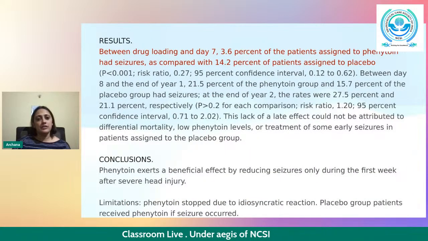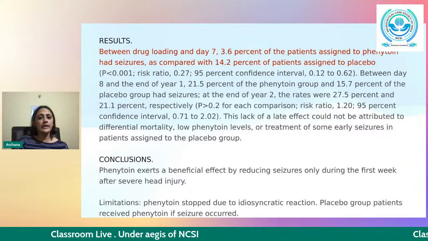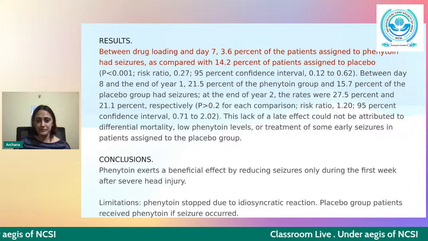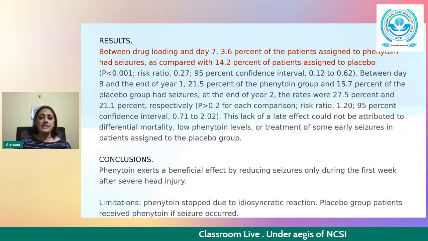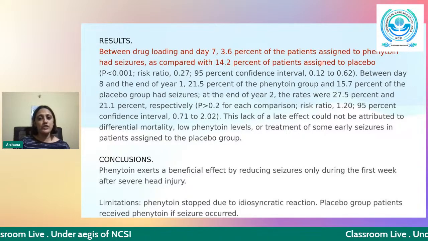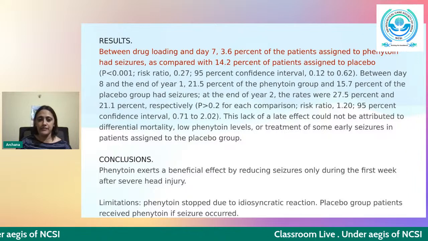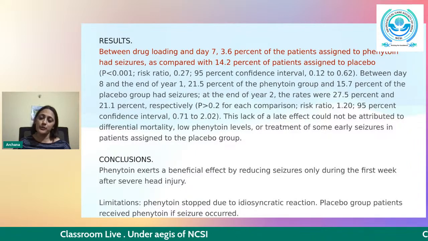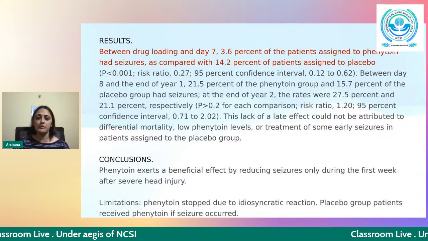Here they saw that between the drug loading and day 7, the patients assigned to the phenytoin group had fewer seizures compared to the patients assigned to placebo. But this effect was not seen beyond day 7. So they concluded that phenytoin exerts a beneficial effect by reducing seizures only during the first week after severe traumatic head injury.